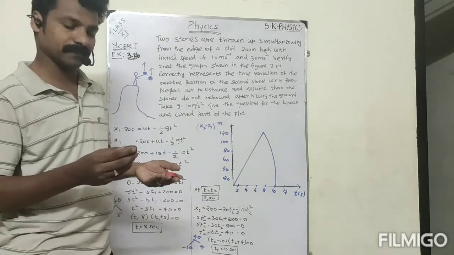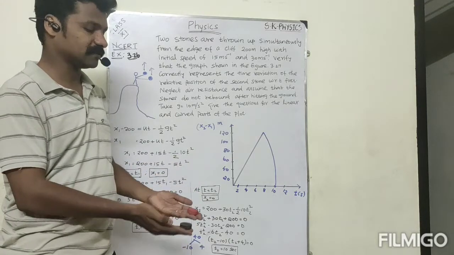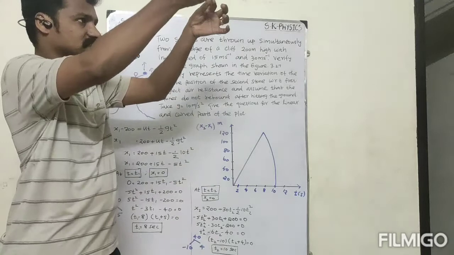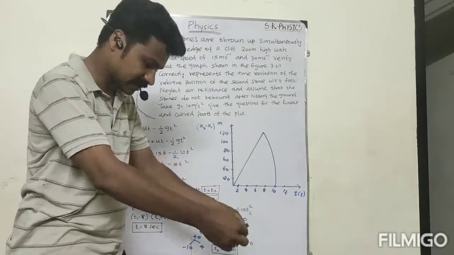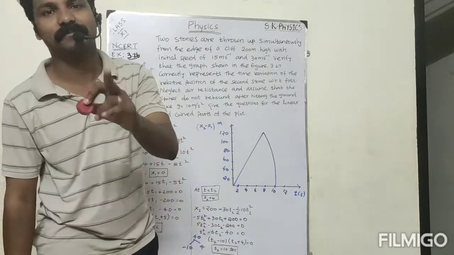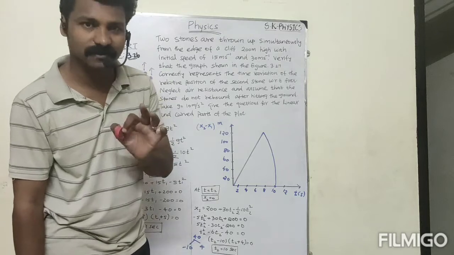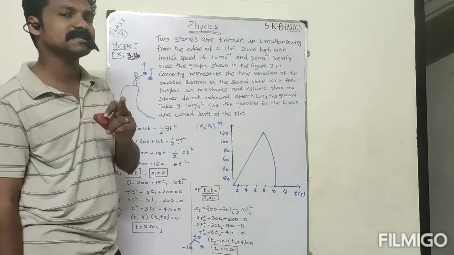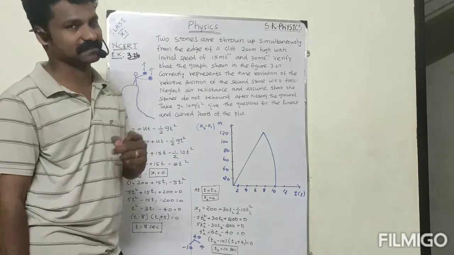Let us imagine if I throw with a different velocity, then they will reach the ground in different times, correct or not? Which reaches the ground first?